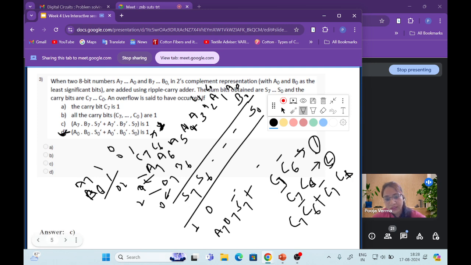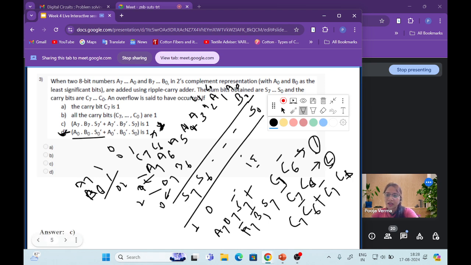In that case we can write A7 dash B7 dash S7, because the carry of C6 will be added. A7 and B7 are 0 0, but the carry from C6 will make S7 1. So if these two conditions hold, then overflow will occur.